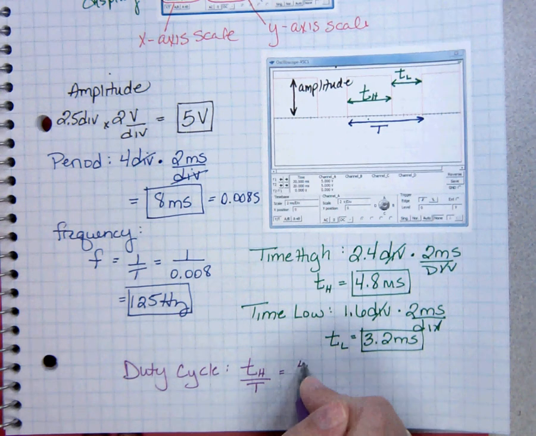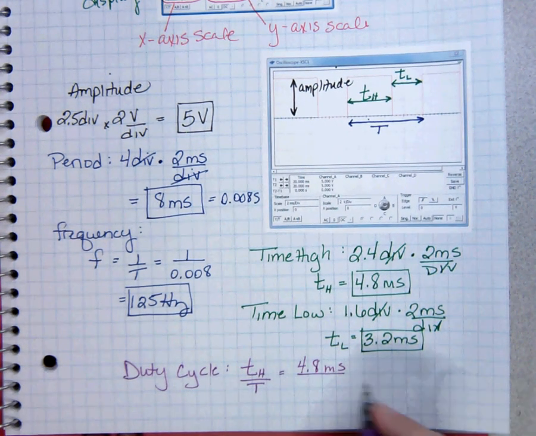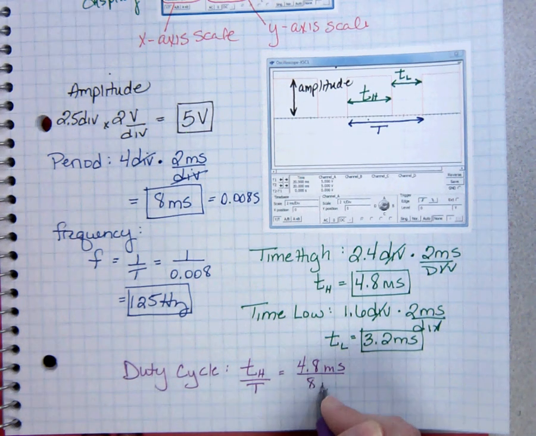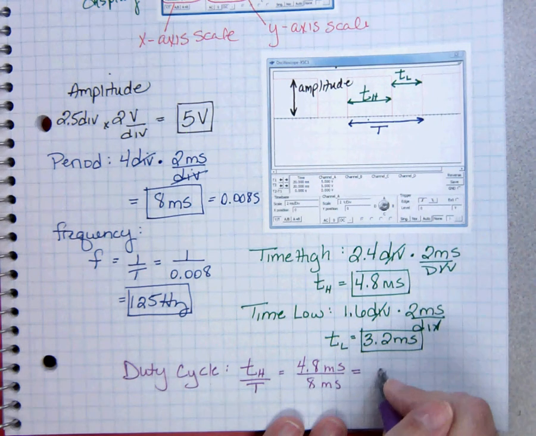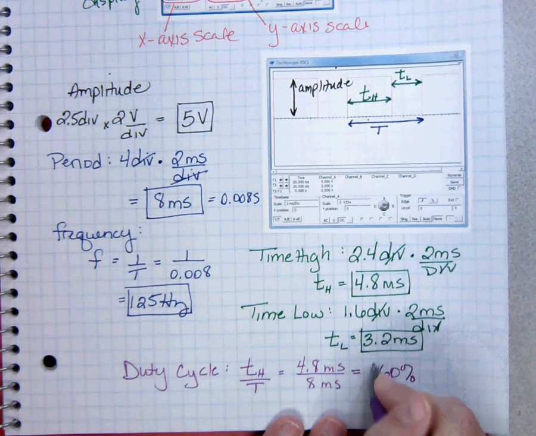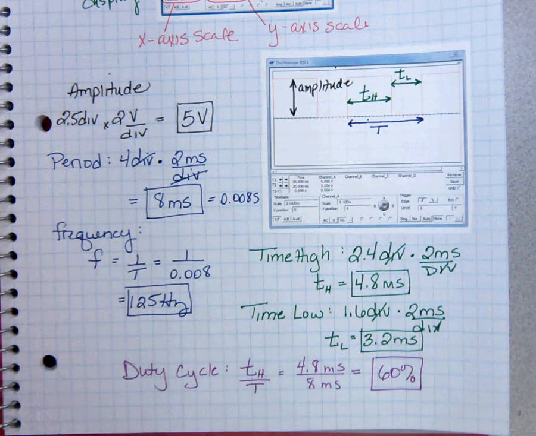So I've got 4.8 milliseconds divided by the period, which was 8 milliseconds. My duty cycle is 60%. So for 60% of a period, my signal is at a high value. And that's about it. You're going to do an activity here where you'll get a chance to determine some of these values based on the oscilloscope measurements.